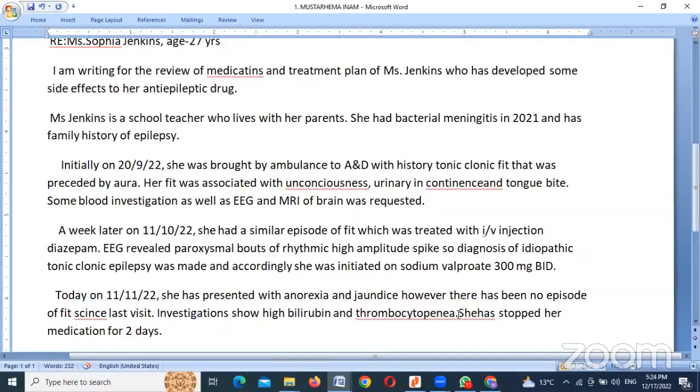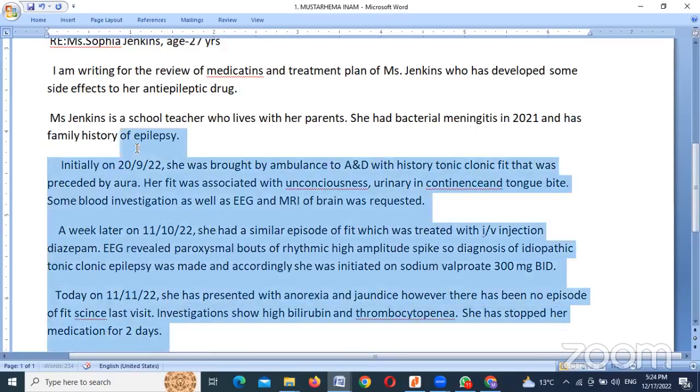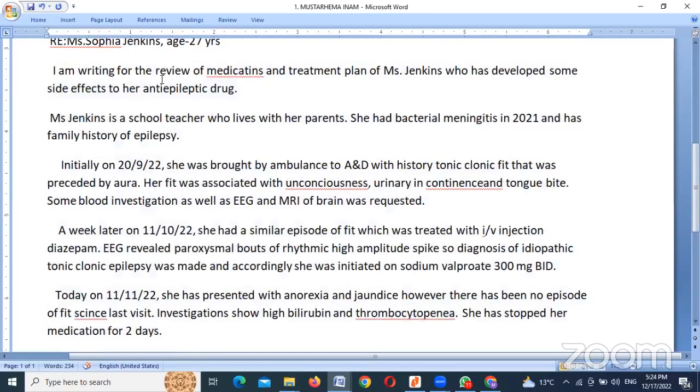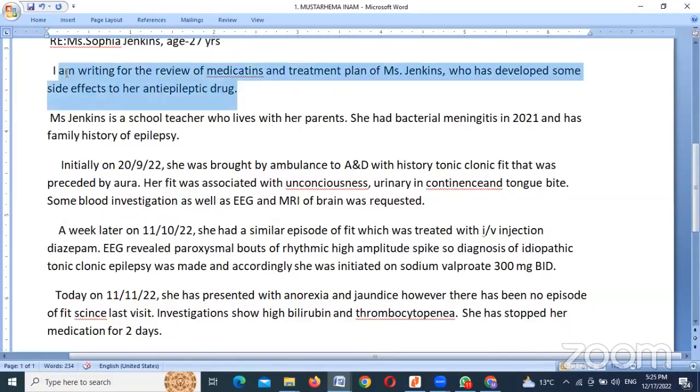And your word count is 174, the word count is okay. I am writing for the review of medication and treatment plan of Miss Jenkins, who has developed some side effects of her anti-epileptic drugs. We need a comma here. Okay, it is good.